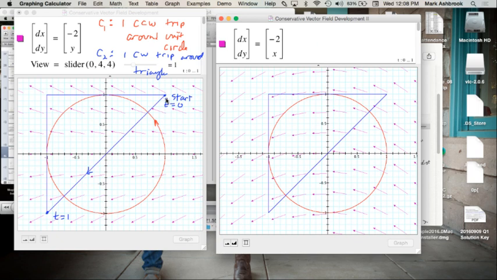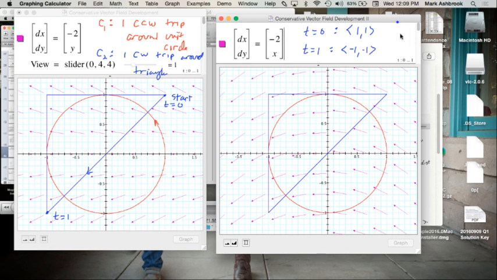So when t equals 0, we have what point? We want the vector for t equals 0, we want the point 1, 1, right? And when t equals 1, we want the point down here, in this case negative 1, negative 1.